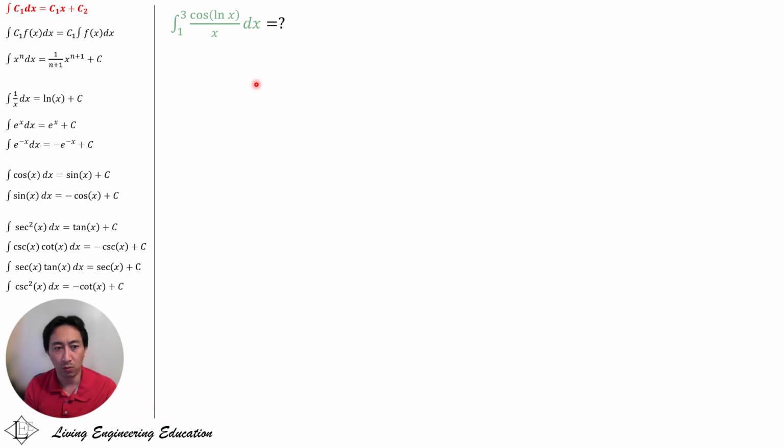Think about what form of either the trig, the 1 over x, or the natural log x form you actually want to show up, and then come back and we'll walk through the process to see if it makes sense. If you want to, press pause, go through the u solving, the du dx relationship, and the upper and lower limits, then come back and we'll solve the integral together.